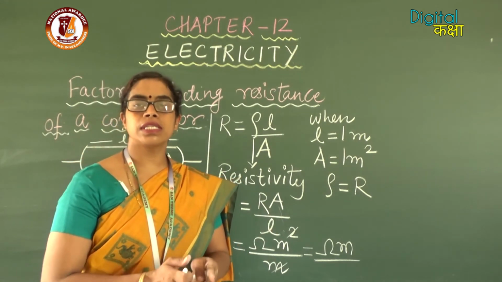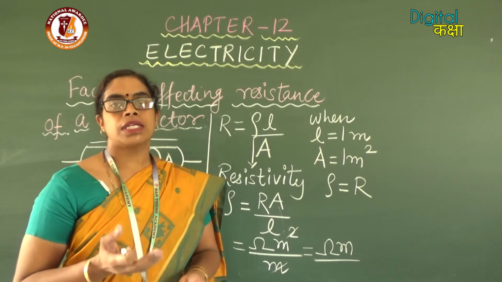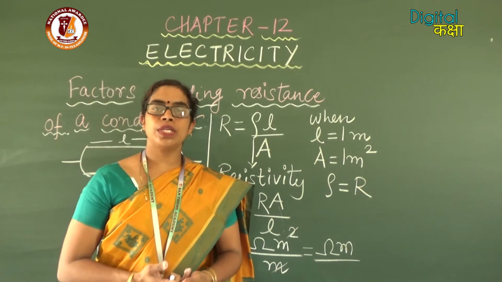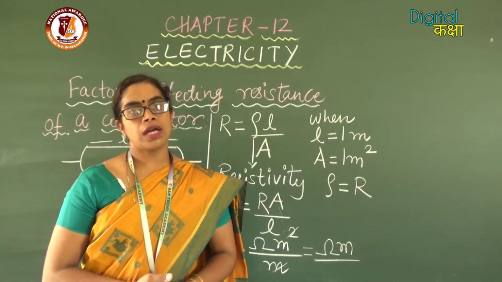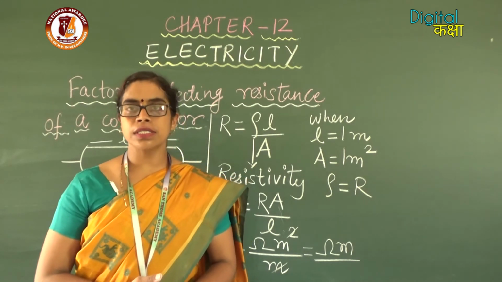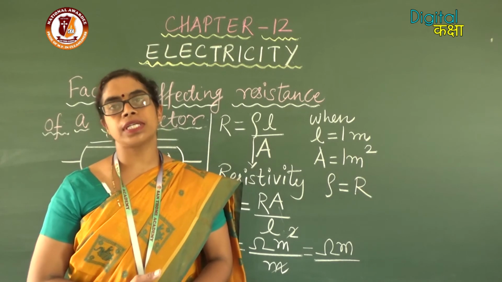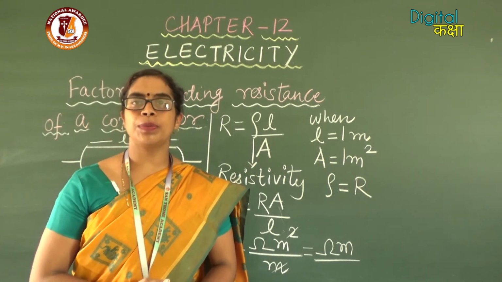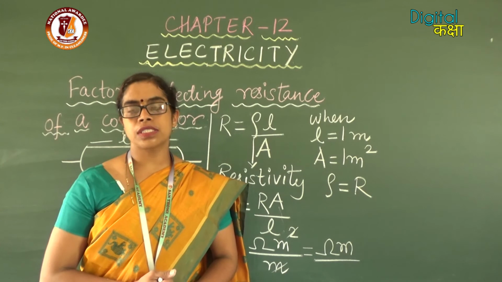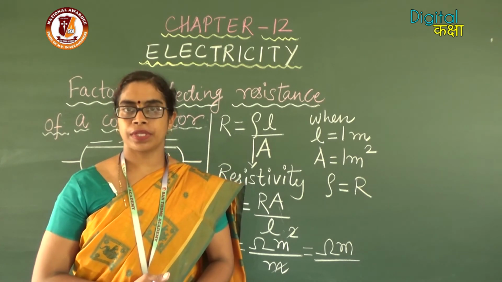The substances with a low value of resistivity are said to be good conductors, and the substances with a high value of resistivity are said to be poor conductors of electricity.